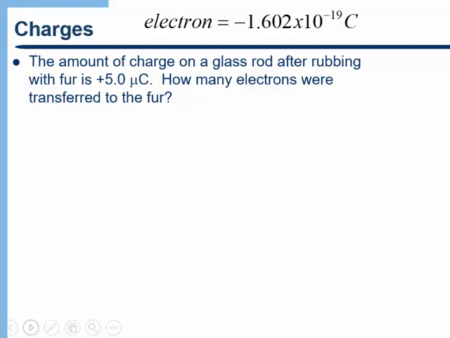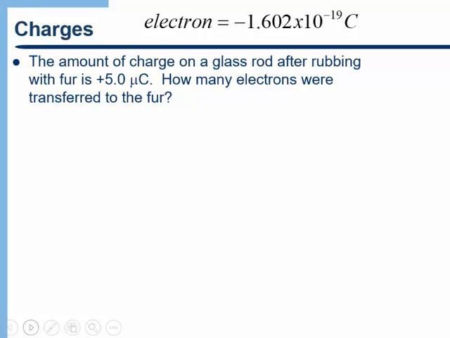Let's take a look at just kind of seeing how big is a Coulomb. Well, it turns out if you take a glass rod and you rub it with a piece of fur, the charge on the glass rod is going to be about 5 microcoulombs. So remember, what's happening here is that simply means that electrons are being removed from the glass rod and ending up on the fur.